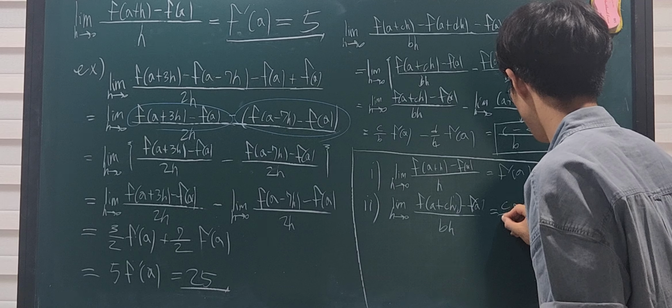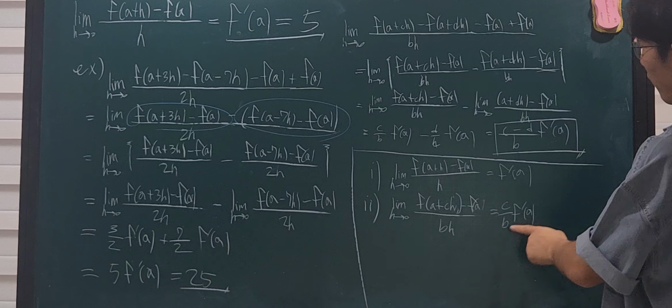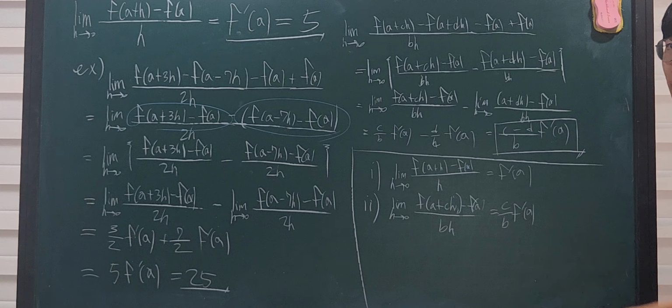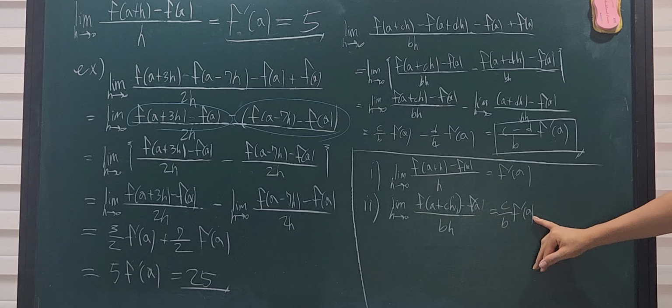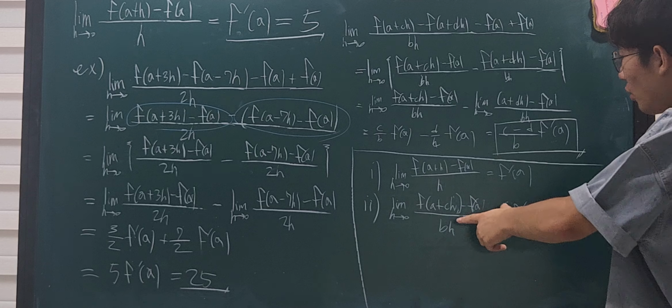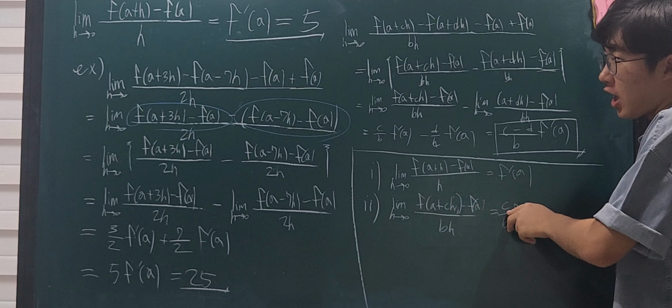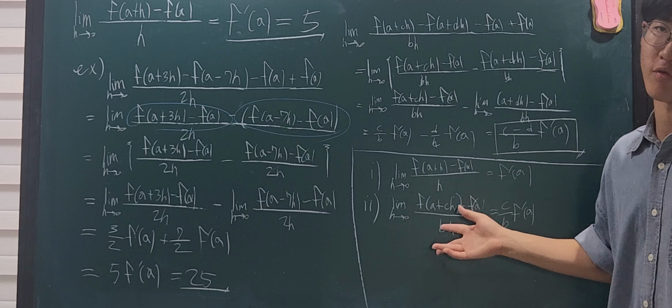So this can always be written in the form of a constant multiplied by f prime a, even if f prime a exists or does not exist, because the only thing that differs is multiplying the other constants, right? However, the constants have nothing to do with the definition of the first principles.